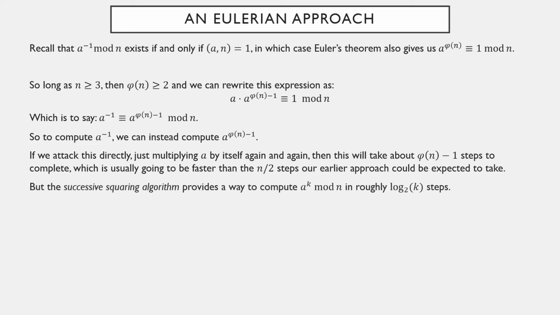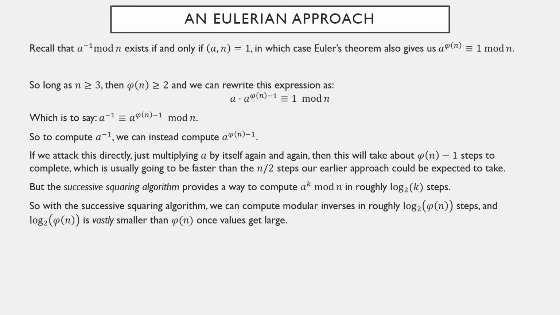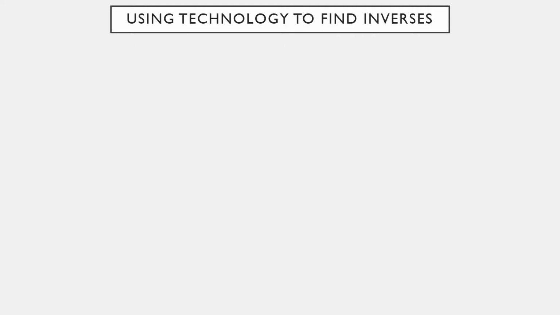But the successive squaring algorithm provides a much faster way to compute exponentials. It only takes about the logarithm of the exponent steps to complete. So with the successive squaring algorithm, we can compute modular inverses in roughly log base 2 of phi of n steps. And the binary logarithm of phi of n is a much, much smaller value than phi of n is once n becomes large.